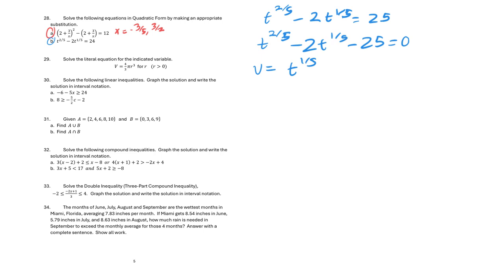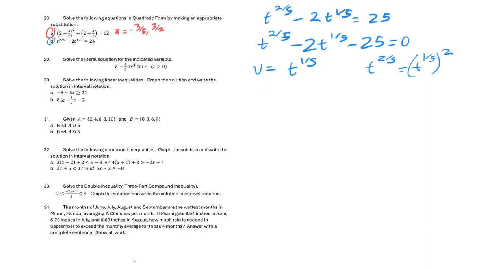And if we separate this one out, t^(2/5), if we write it in the form (t^(1/5)) to the power of 2, it gives us our squared still and puts us in quadratic form.